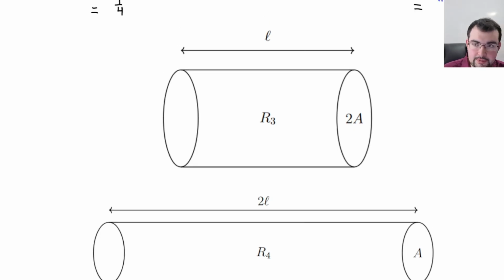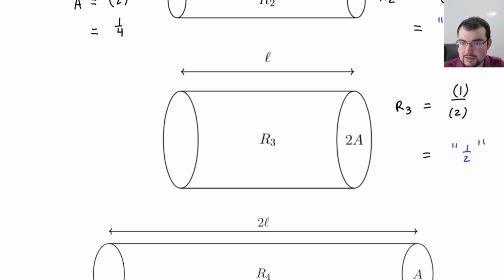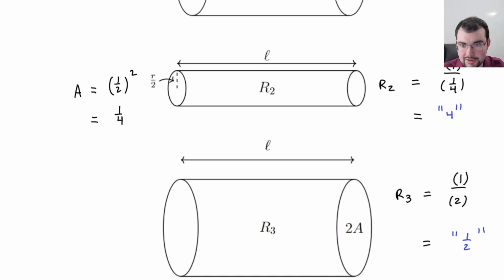And now going through here, this one, I just doubled the area, so I can just say R3 is just going to be the length is 1, the area was doubled, because I doubled the area, not the radius. So you have a resistance of 1/2. Makes sense that this one is lower because of the same length, but I give it more area to work with.